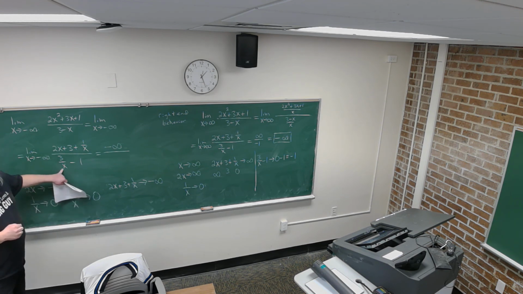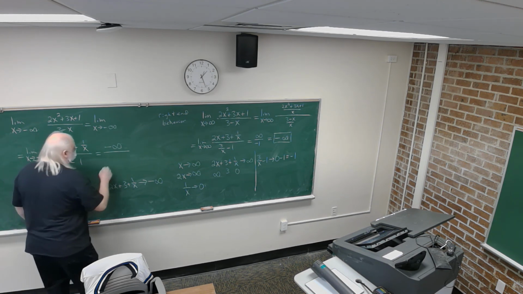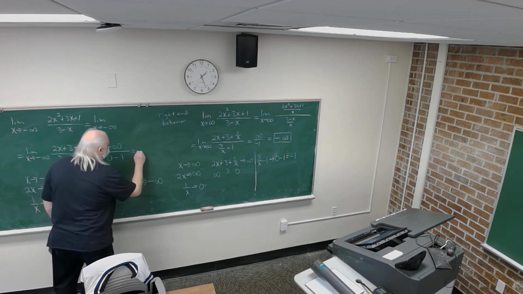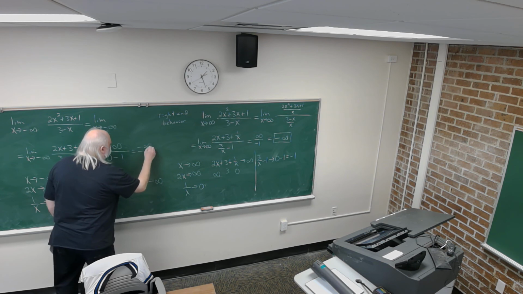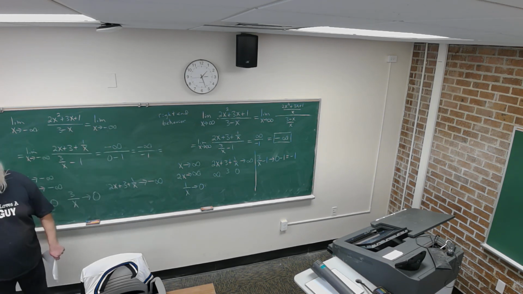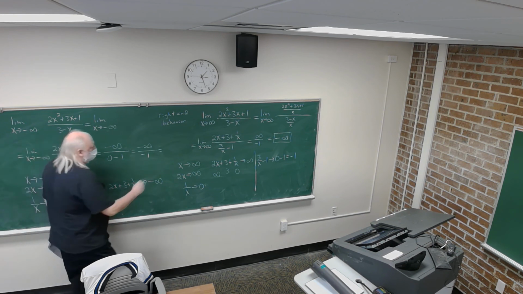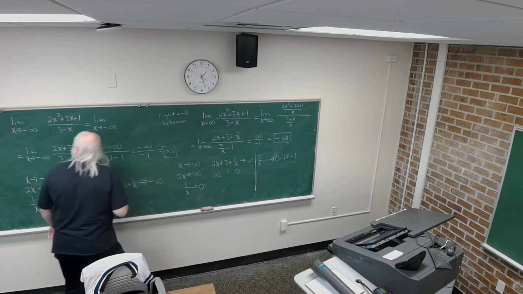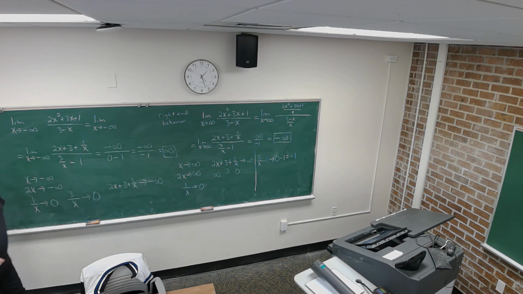And the denominator is going to 0 minus 1, which is negative 1. Negative over negative is positive. So on the left end, the graph is going up.